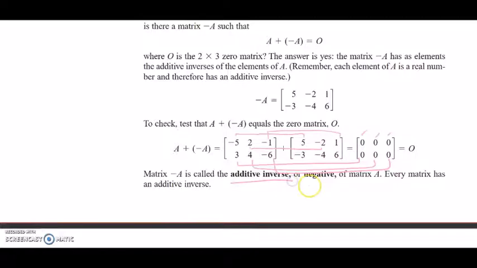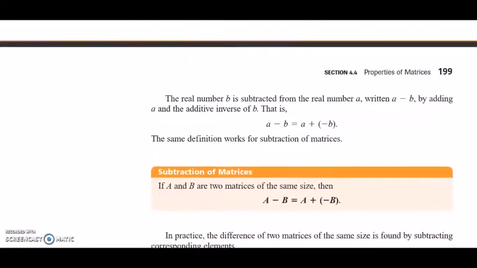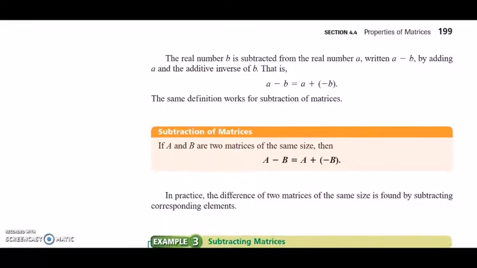So this is the additive inverse, or the negative of matrix A. Every matrix has an additive inverse. Just like in the real number system, you can add the opposite of a number. That holds true in matrices.